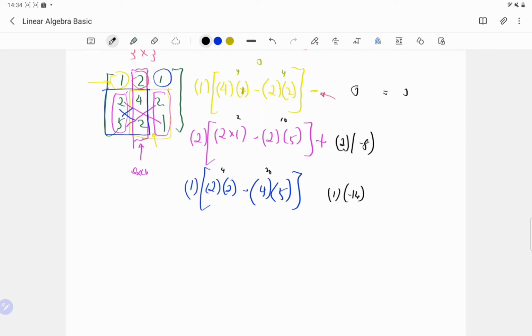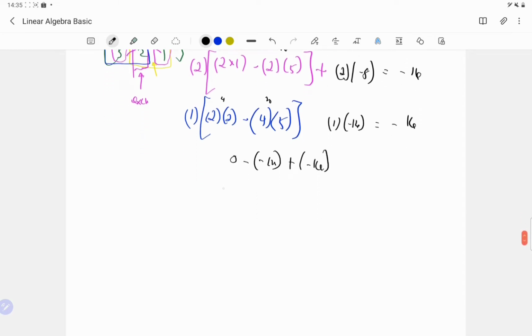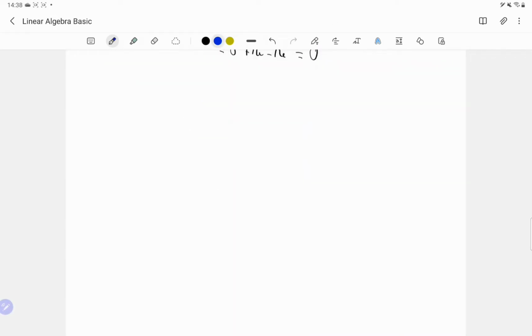Okay, this is 0, negative 16, and negative 16. The answer would be 0 minus negative 16 plus negative 16. How's that? It goes to 0.